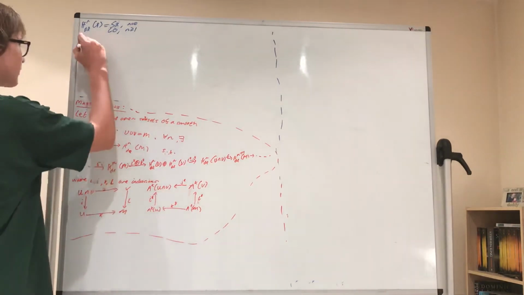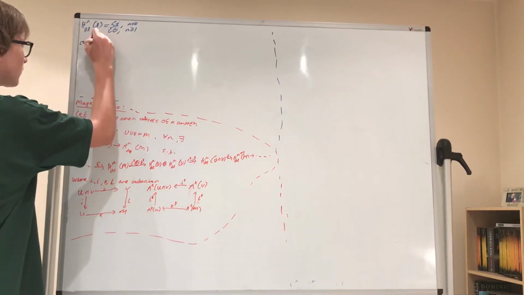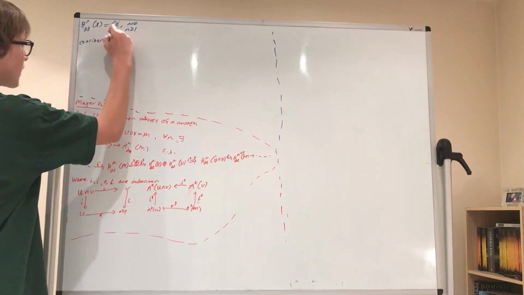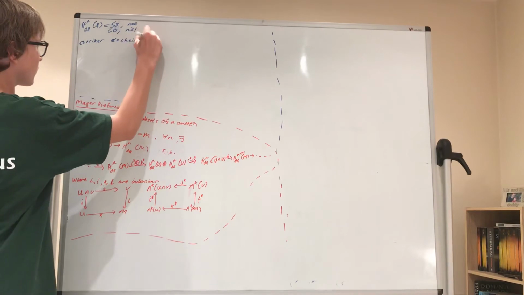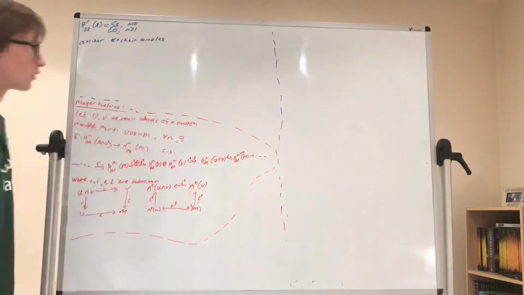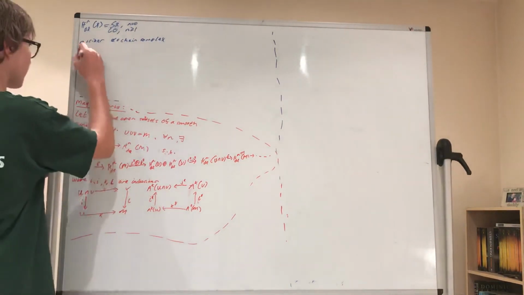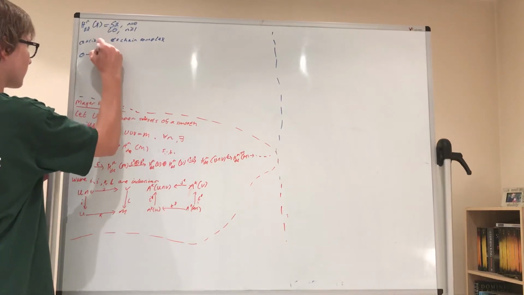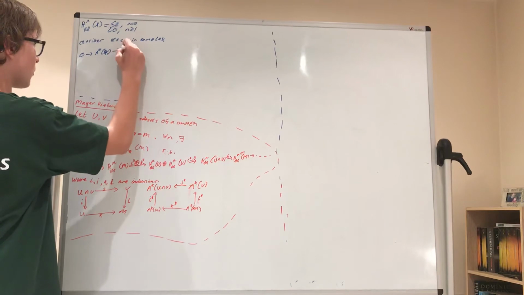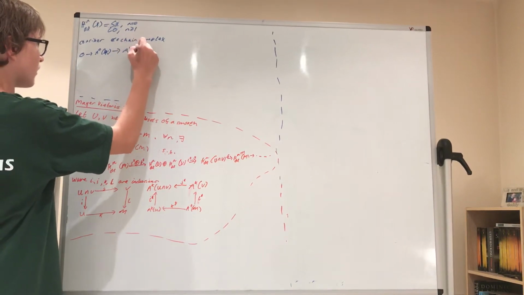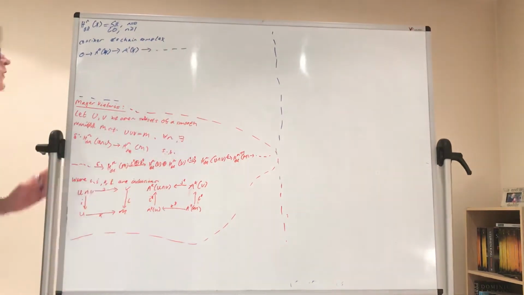Because if we consider the cochain complex, we have 0, and then this will map to A0 of the point, and then this will map to A1 of the point, and so on.